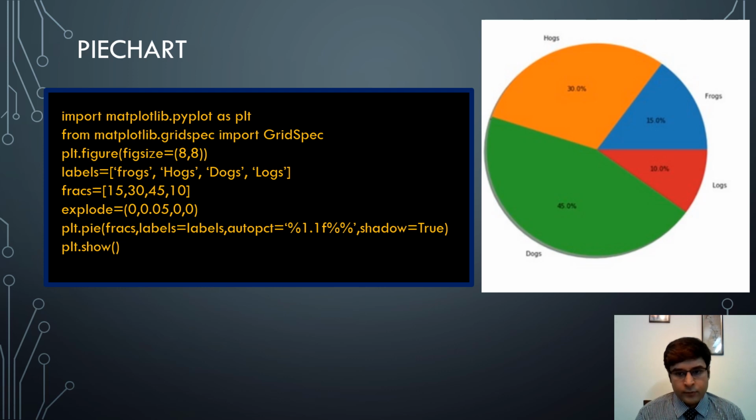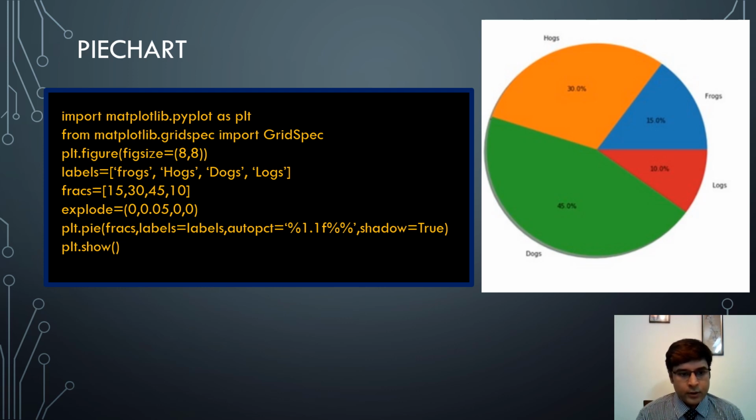that are the values of different sections of this pie chart, or in fact labels. And next, we define the fractions as 15, 30, 45, 10. So for frogs, it is 15% as shown here. Similarly for others.